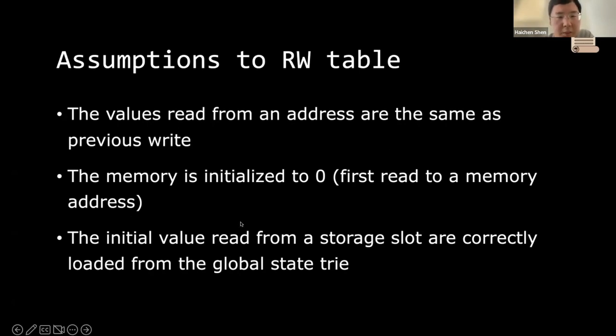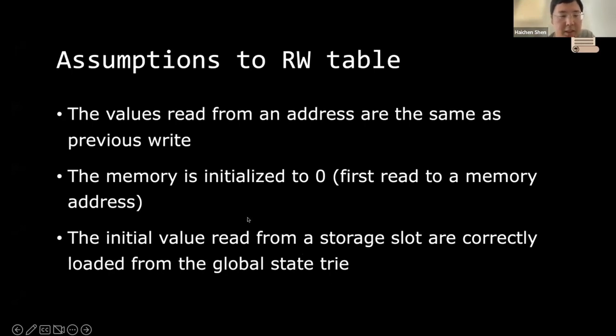And then the second thing is, when we expand the EVM memory into a larger size, the memory will be all initialized to 0. That means if you read from a memory address for the first time, you should always read 0. And the third assumption we made is that the initial value read from the storage slot is correctly loaded from the global state tree.